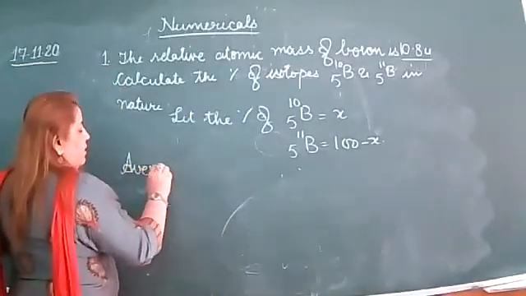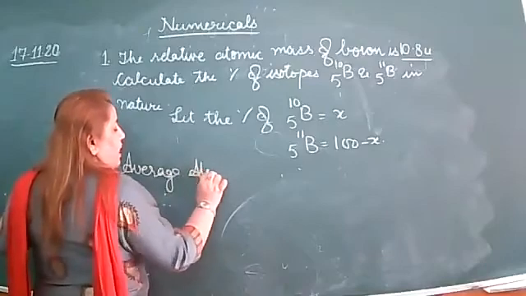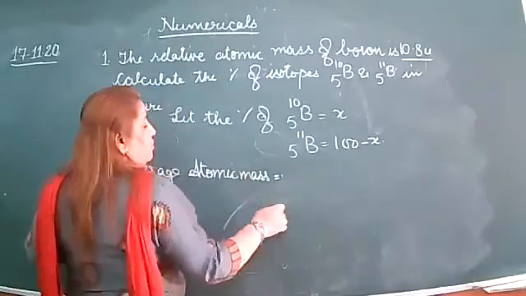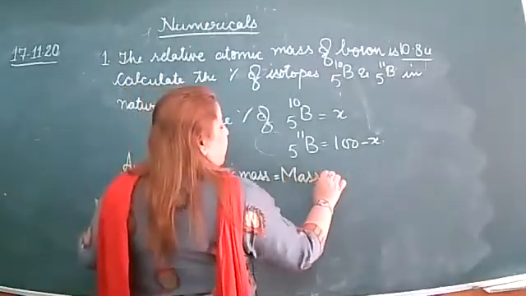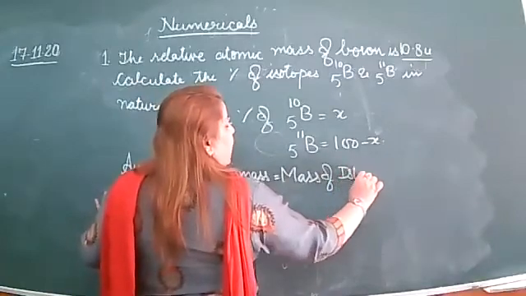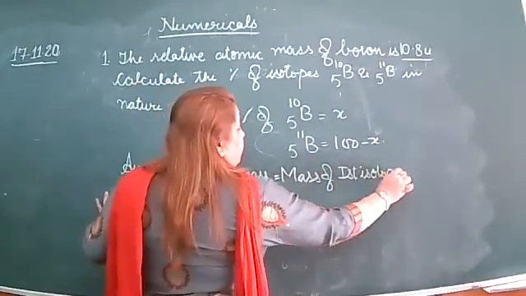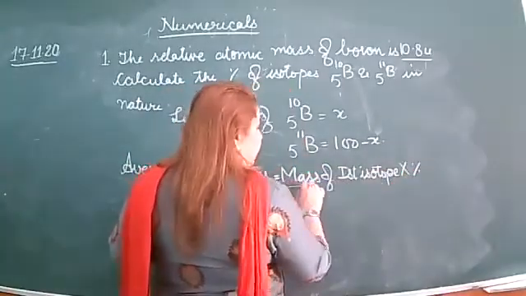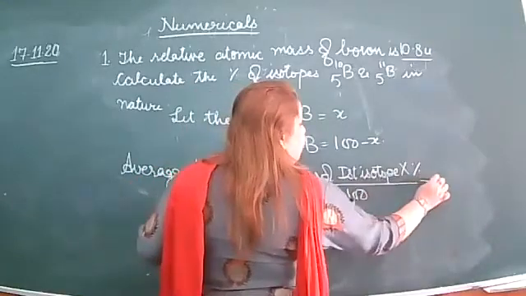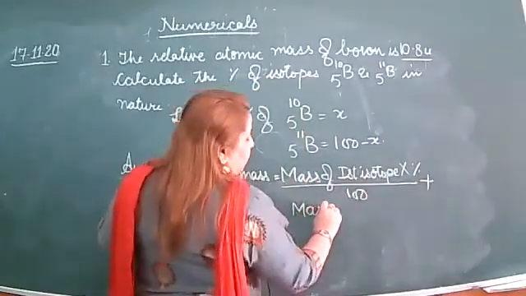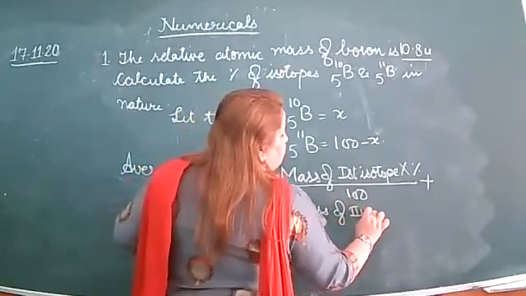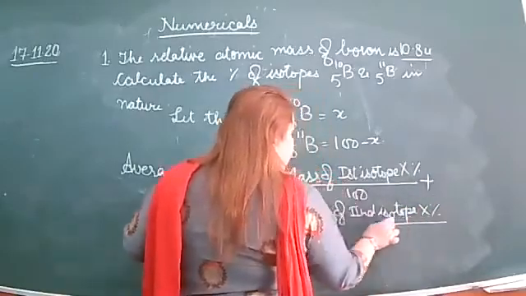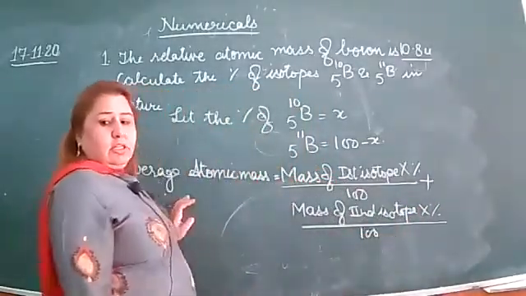Now, average atomic mass is equal to mass of first isotope multiplied by percentage divided by 100, plus mass of second isotope multiplied by percentage divided by 100, right?